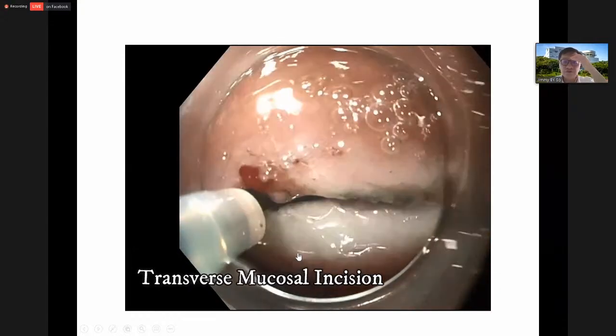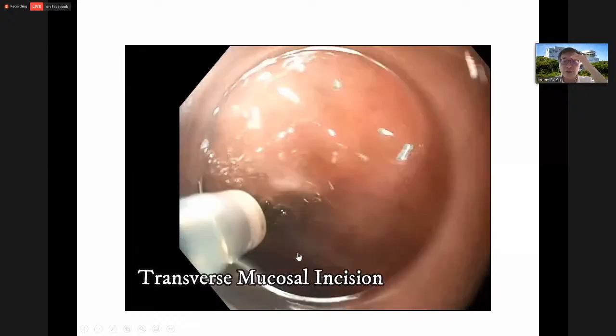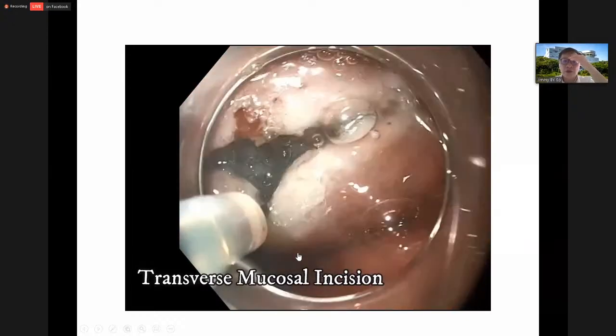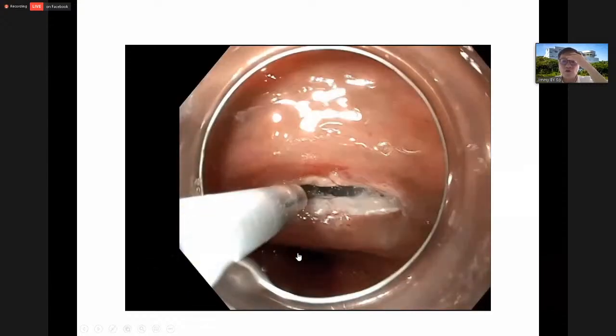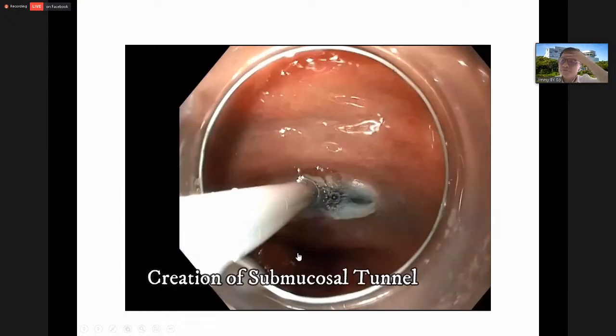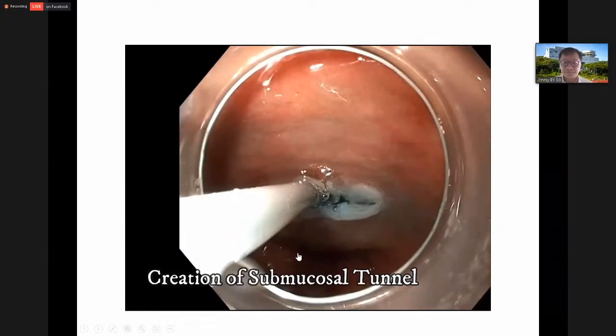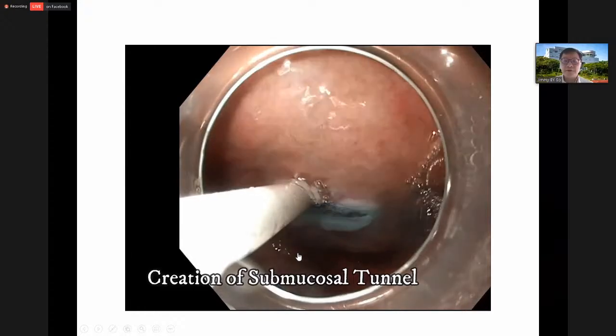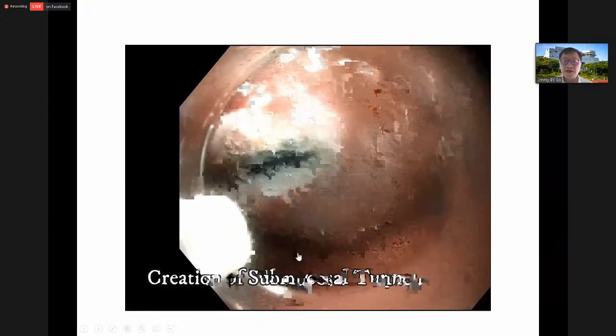Then we enlarge the space with further saline injections, and our endoscope can enter the submucosal space.